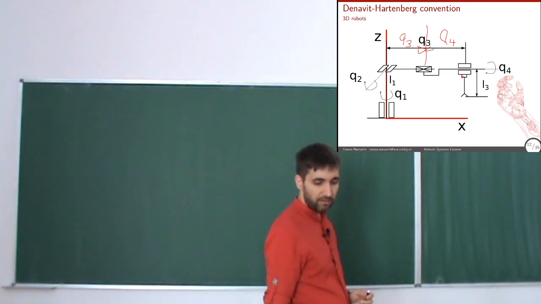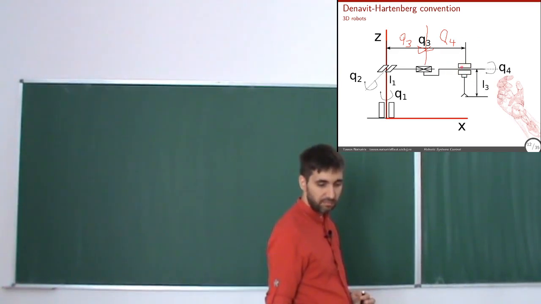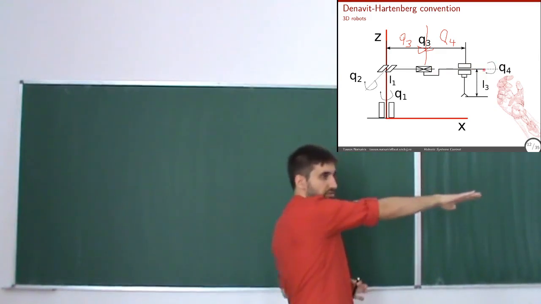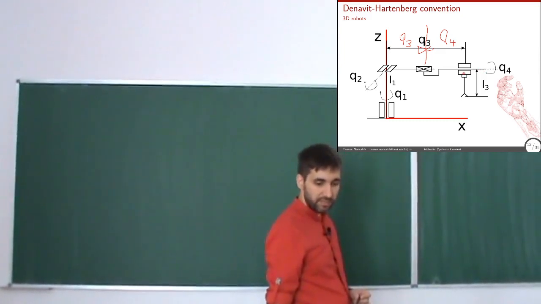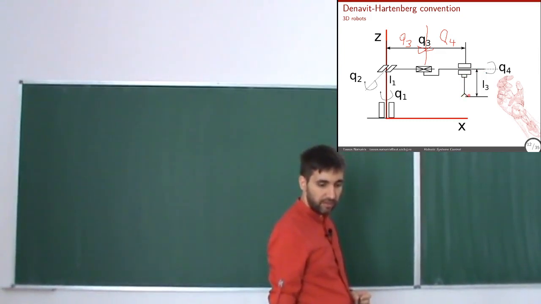And what do we have here? This is another joint which rotates around an axis which is horizontal, along this direction. So it's basically an axis that rotates like this. And you can see it has another final link here with L3.